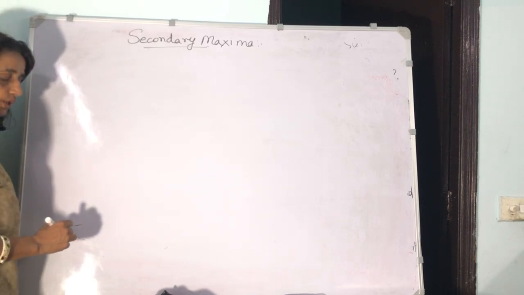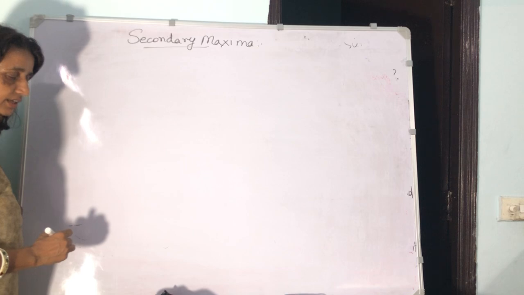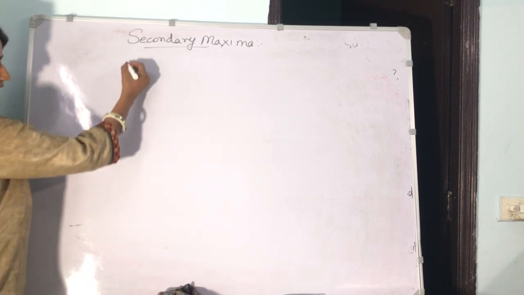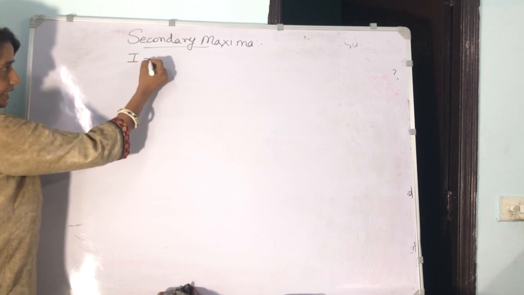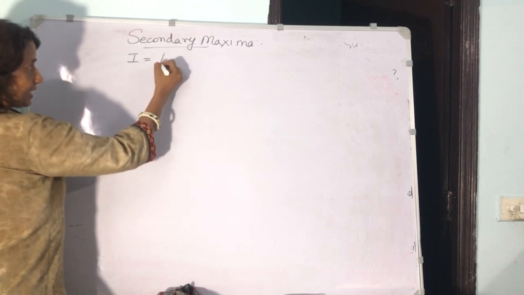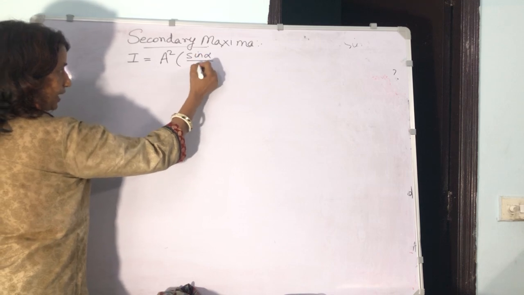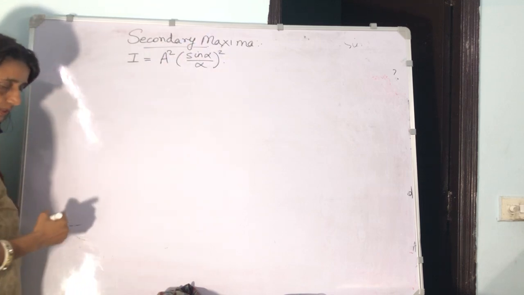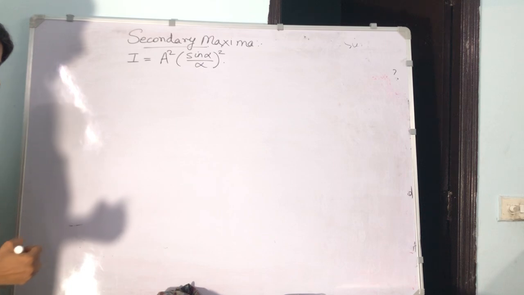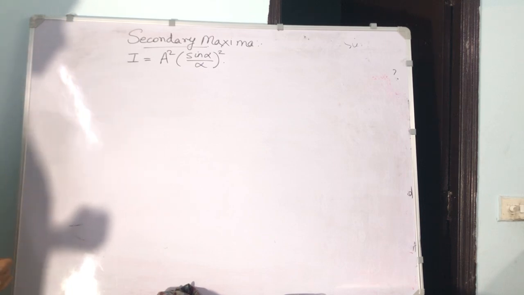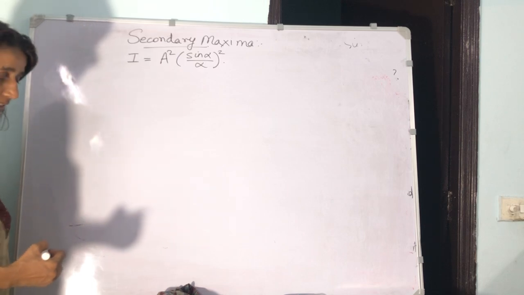Now in order to locate the position of secondary maxima, we will be applying mathematics and differentiation. See, the intensity formula is A square sine alpha upon alpha whole square. We know that differentiating and equating to 0 gives us values of maxima and minima.